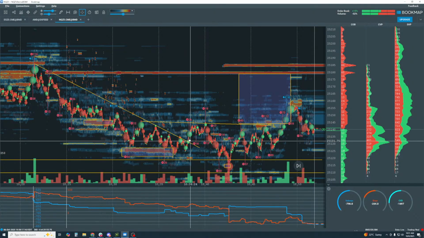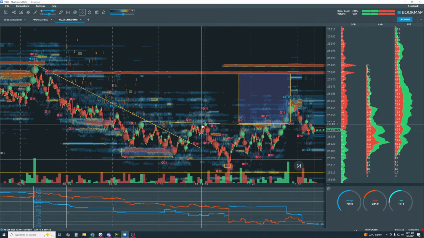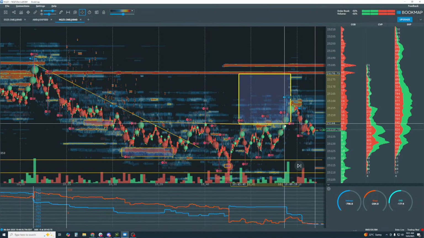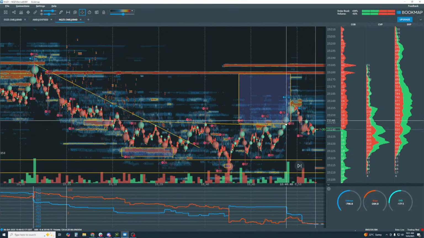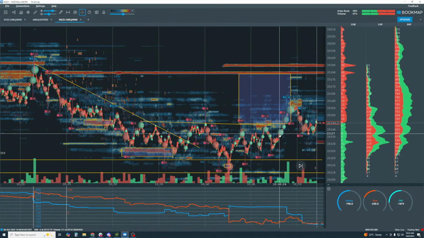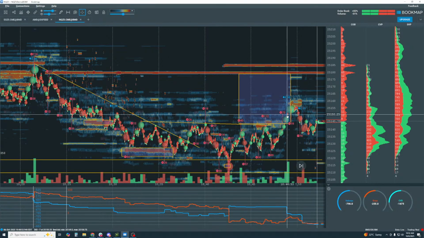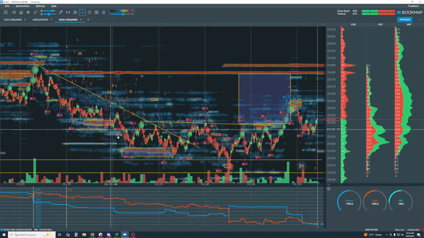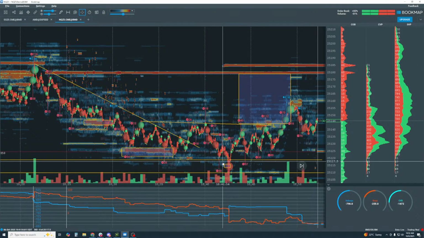We have the structure break, and then the structure turned into this horizontal structure, and then it broke here. And that's where we're looking for the aggressive buyers to come in. Did they come in? Yes, they did. So one thing we can rely on is the aggressive buyers, not so much on the passive buyers here.